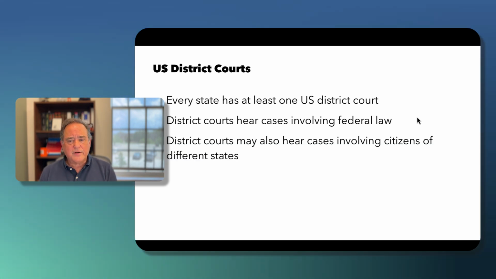Now, they also hear cases involving citizens of different states. And when the federal court system was created, one of the justifications for creating a separate system was this idea that a resident of Delaware should not face a disadvantage by going into court in Maryland, for instance.